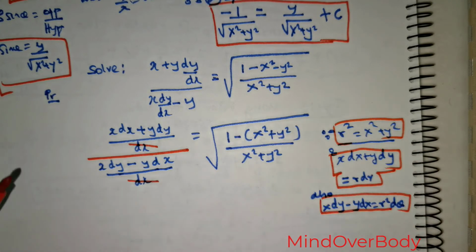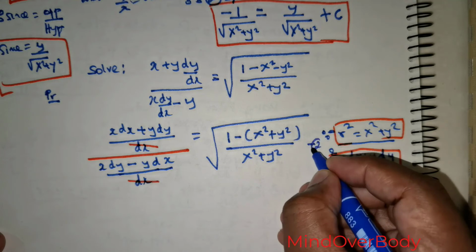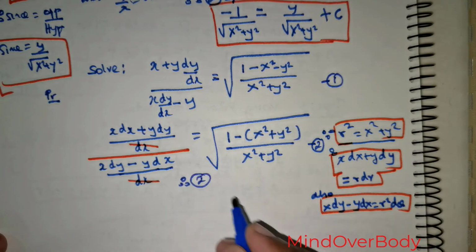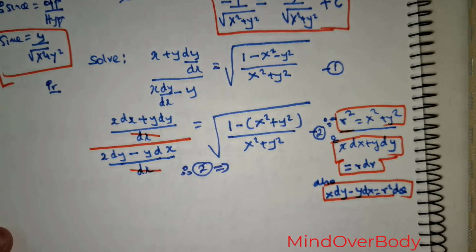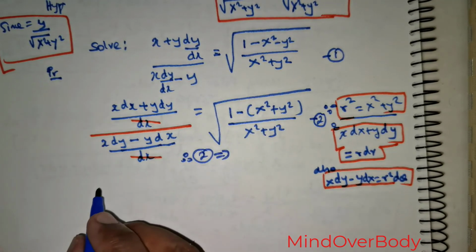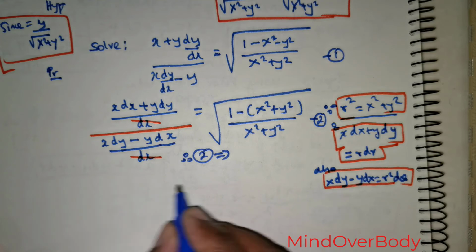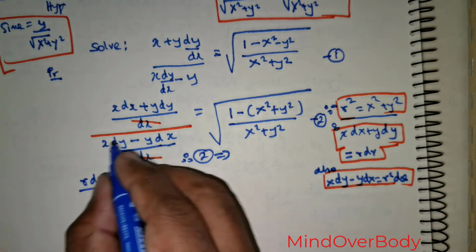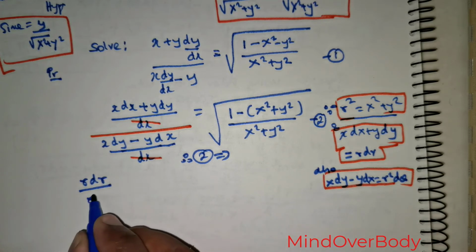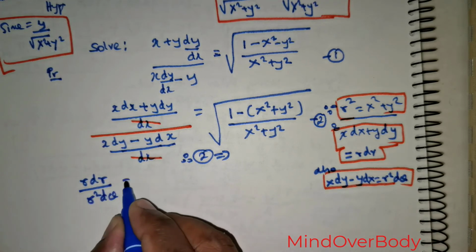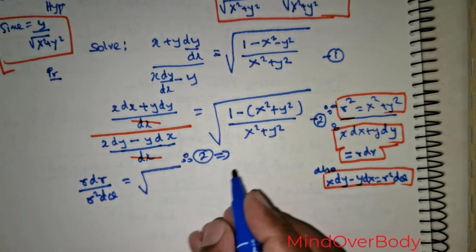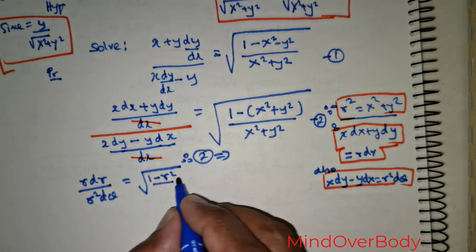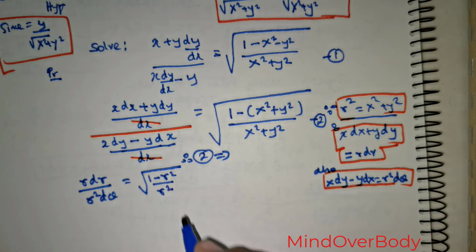So if I take this as equation 2, I can rewrite it as, in place of x dx plus y dy, I'm going to substitute r dr. In place of the other, I'm going to substitute r squared d theta, equal to the square root of 1 minus r squared over r squared.